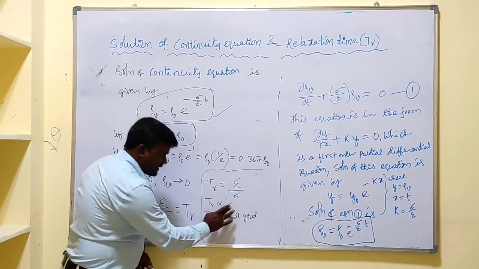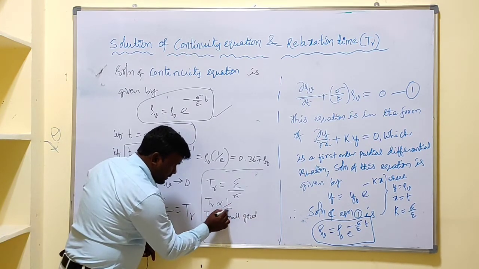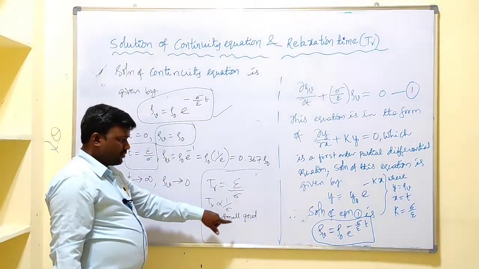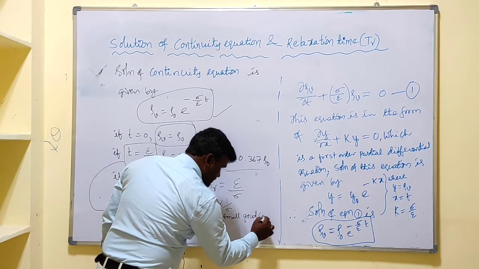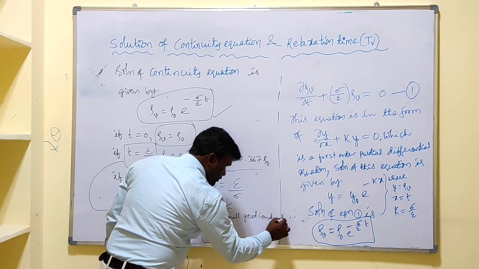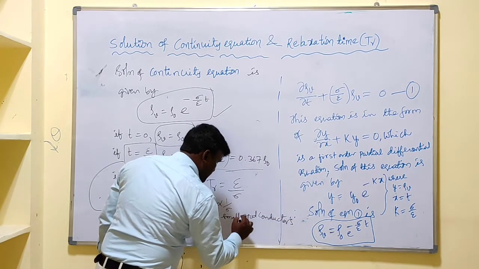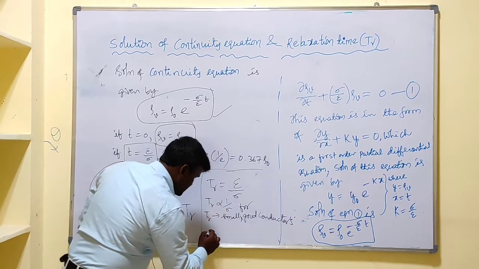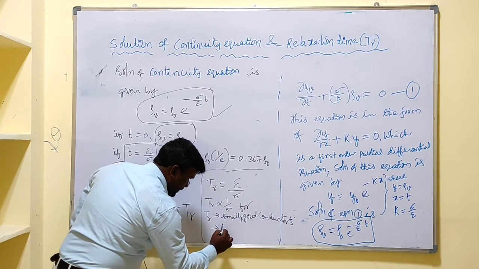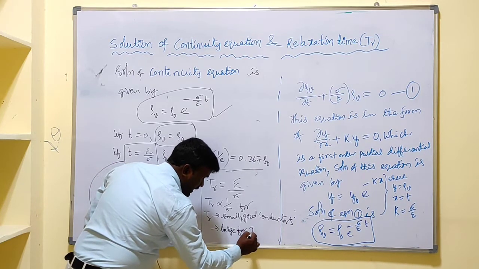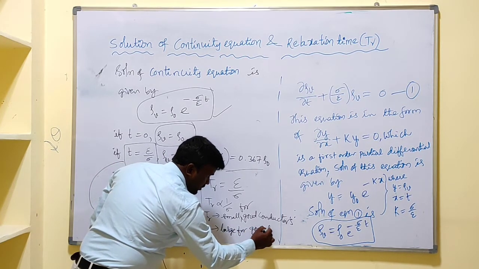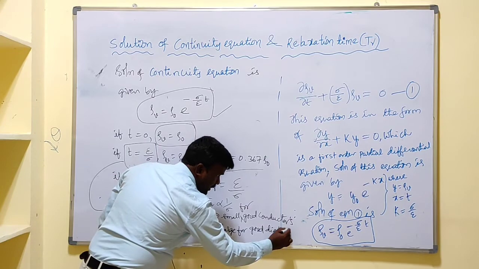For the good conductors, conductivity is infinity. Means what? That is TR equal to approximately 0. That is TR is small for good conductors, and it is large for good dielectrics.